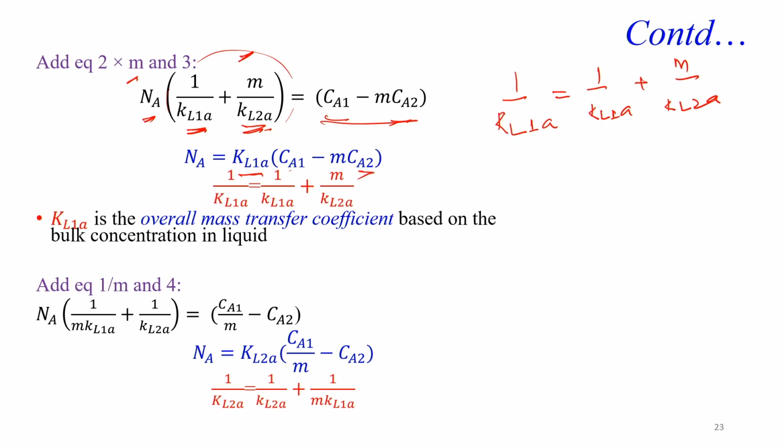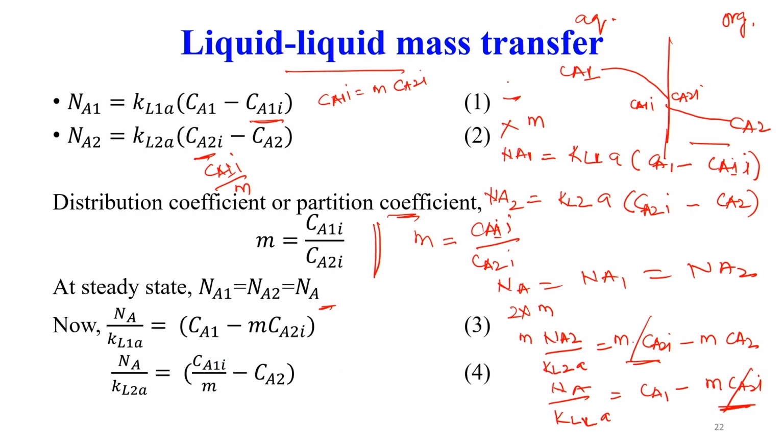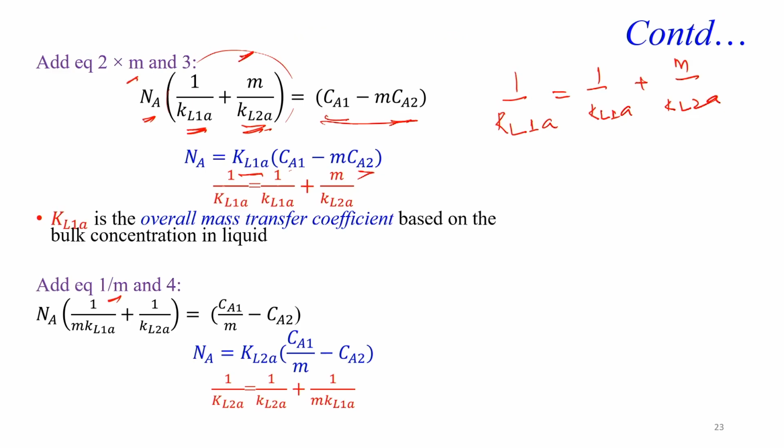Now, the same exercise we can do: take equation 1, divide by M, then add it with equation number 4. So if you divide by M, it becomes 1 upon M into KLa1 plus 1 upon KLa2, and here the overall mass transfer coefficient will be KLa2A equals 1 upon KLa2A plus 1 upon m into KLa1A.